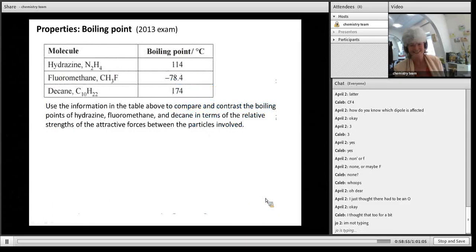Okay, we're pretty much now at 4 o'clock. So here you can see this is a similar sort of thing. Now can you see the hydrazine? So you can be given molecules you wouldn't normally come across, like hydrazine, okay? But you would still be expected to be able to draw the Lewis structure, see that N and H, this will have hydrogen bonding.